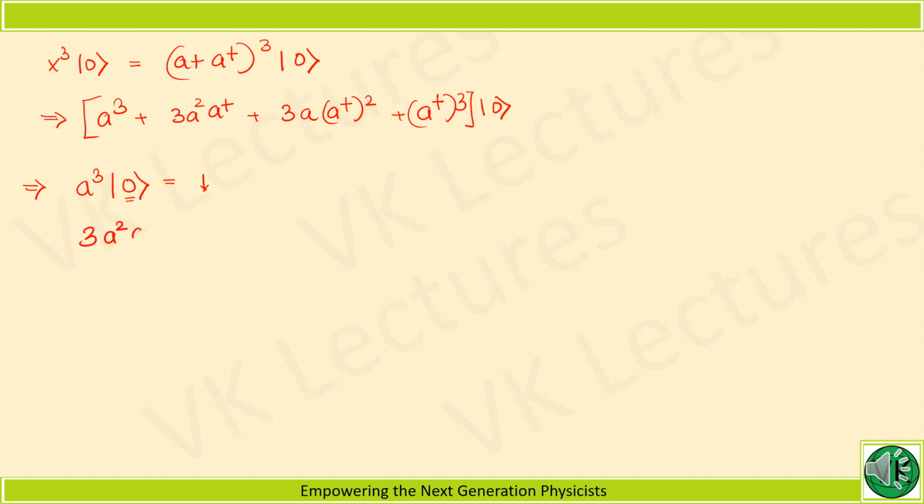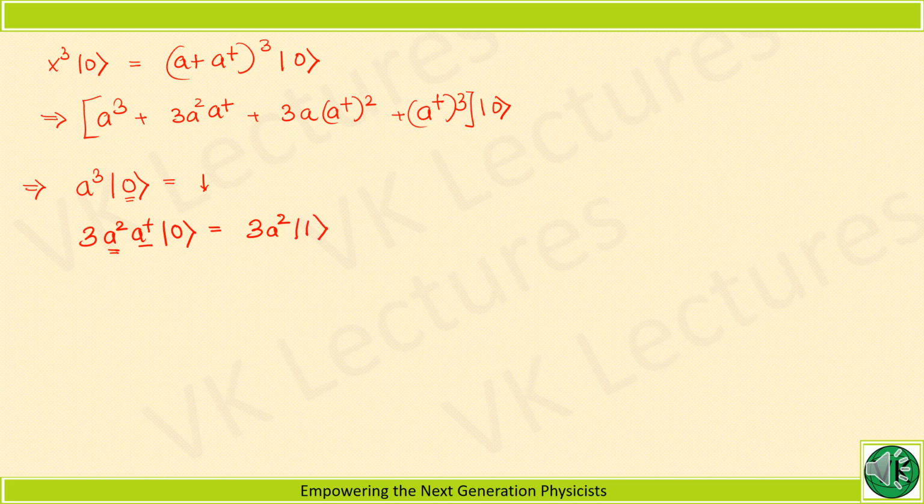Now the next one, 3a squared a dagger acting on 0. A dagger can act on 0 and form 1, but two annihilation operators are there, which will bring the 1 to minus 1. So we rewrite this: a dagger acting on 0 gives some constant times 1.